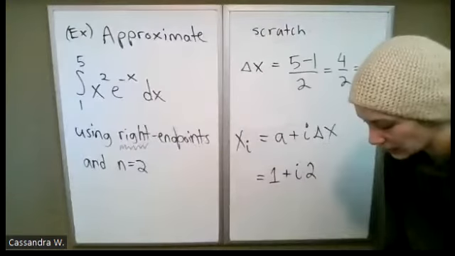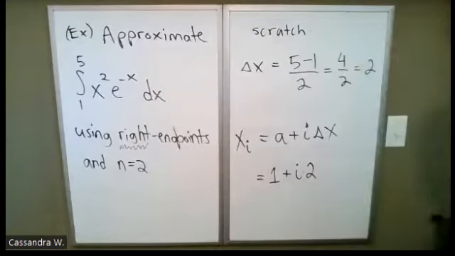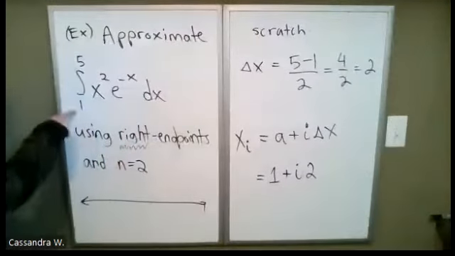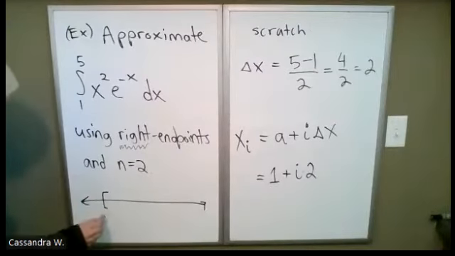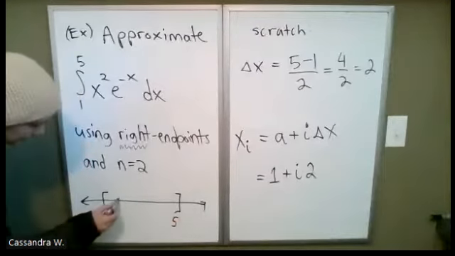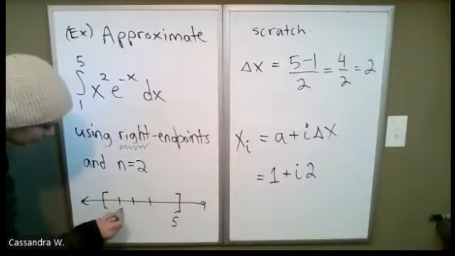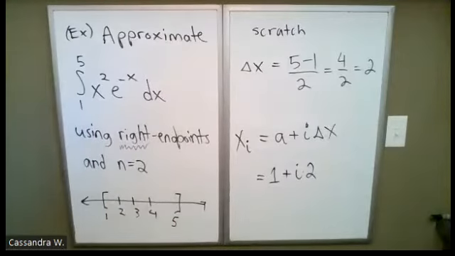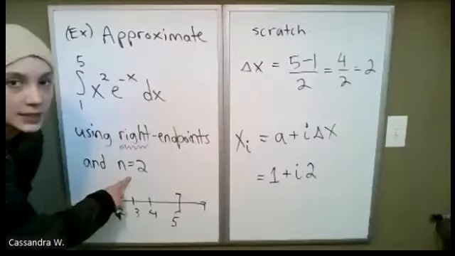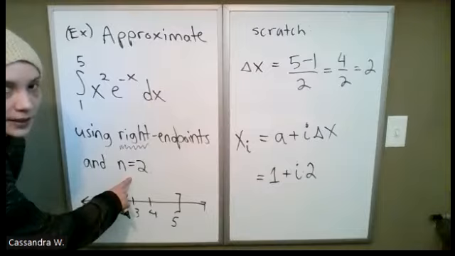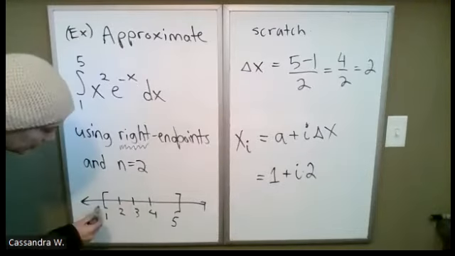So we can actually just draw a sketch, and we're going from 1 to 5. And we're getting the area, we're approximating this area with the area of 2 rectangles.